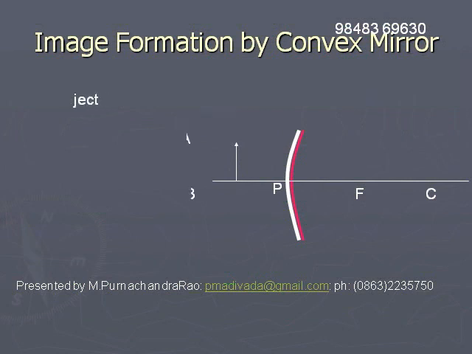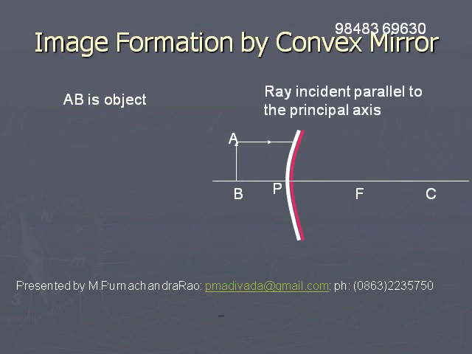From A, the top, two rays are selected. One is parallel to the principal axis. The other one is directed towards the center of curvature. The one which is directed towards the center of curvature retraces its path.